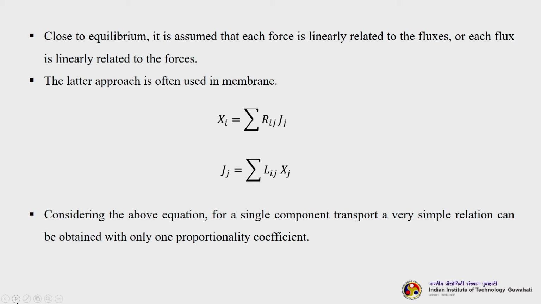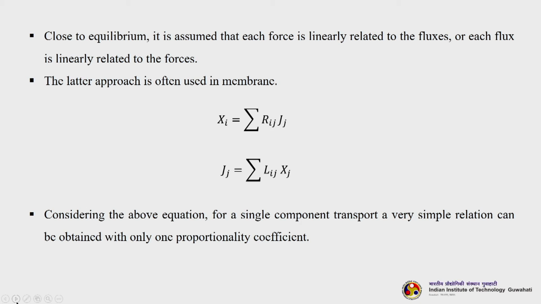Close to equilibrium, it is assumed that each force is linearly related to the fluxes, or each flux is linearly related to the forces. The latter approach is usually used in membranes. So, Xi equals summation of Rij Jj, or Ji can be written as summation of Lij Xj.